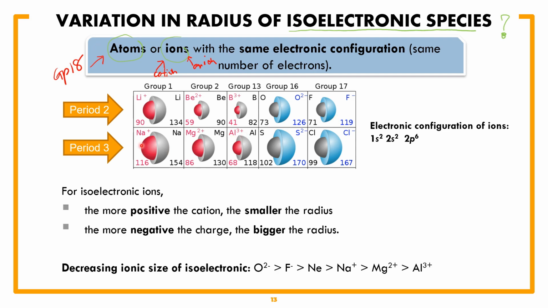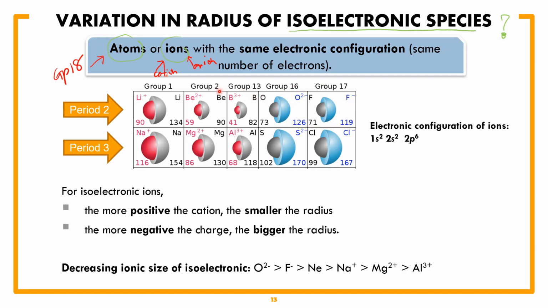Ataupun adakah kesemua ion di dalam period 3 ini mempunyai same electron configuration? The answer is no. Hanya lithium plus, beryllium 2 plus and boron 3 plus sahaja yang mempunyai same electronic configuration for these cations. Meanwhile, O2 minus and F minus will have the same electron configuration.